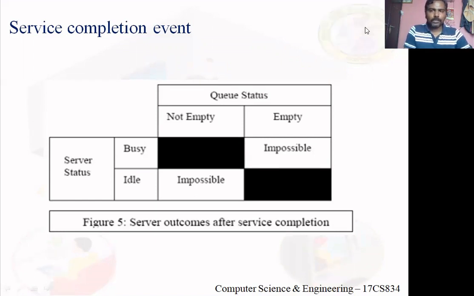It's impossible. Got it? So this impractical situation you need to know on the departure event. Clear? Now let me conclude by highlighting an important point on the arrival event and departure event.